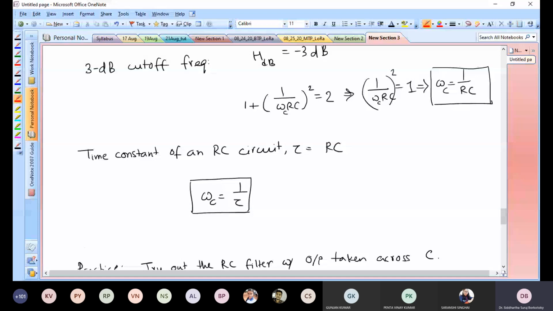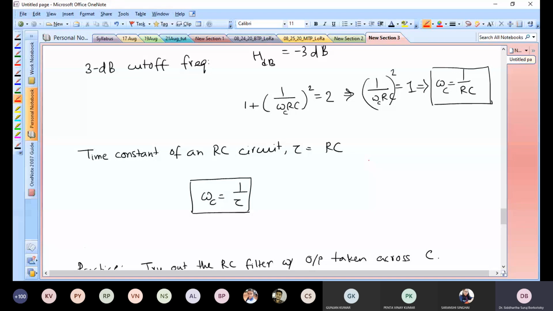As I have told before, the time constant tells you how quickly or how sluggishly a circuit responds to a step input. You suddenly apply a high voltage to the circuit, there was nothing in the circuit before. How quickly does the output voltage increase and reach its final value? To answer that question, you have to refer to the time constant.